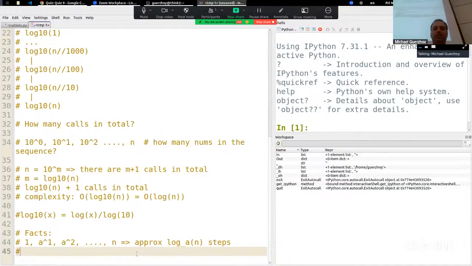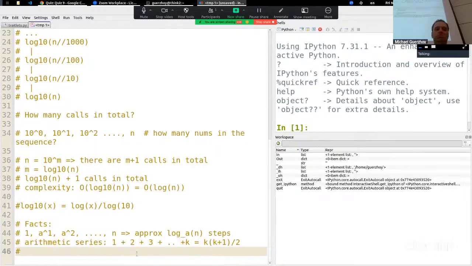The other fact is the arithmetic series. So this would be 1 plus 2 plus 3 and so on plus k, which is equal to k times k plus 1 over 2. And the other one is the geometric series.